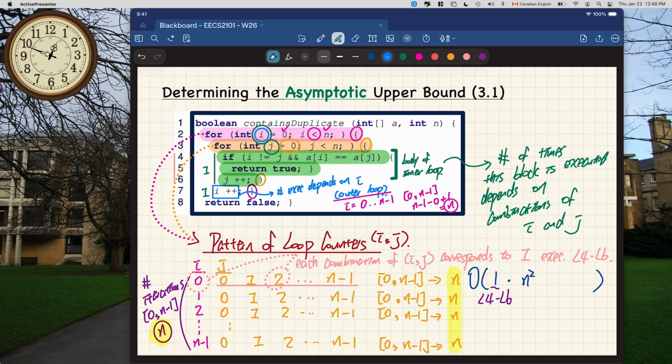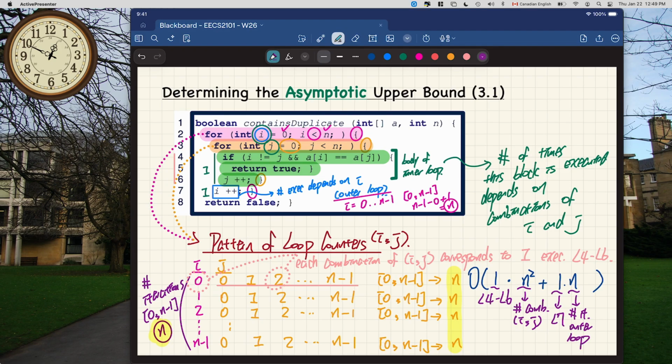The n squared is the number of combinations of i and j, which is n times n. And then plus line number 7, which is executed exactly n times according to the outer loop. It's 1 times n: the 1 corresponds to line number 7, and the n is the number of iterations of the outer loop.